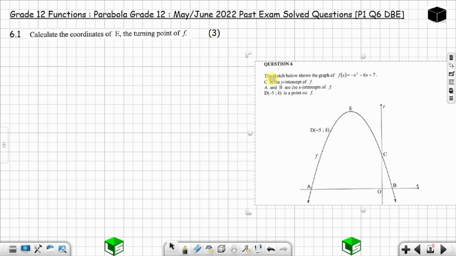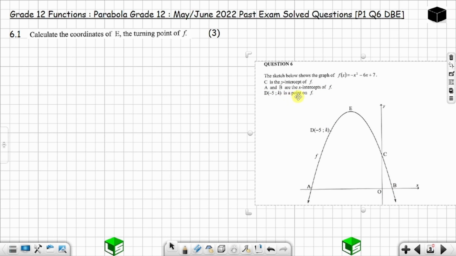You can see the sketch below shows the graph of f of x is equal to negative x squared minus 6x plus 7. C is the y-intercept of f. There is C, the y-intercept of f. A and B are the x-intercepts of f.